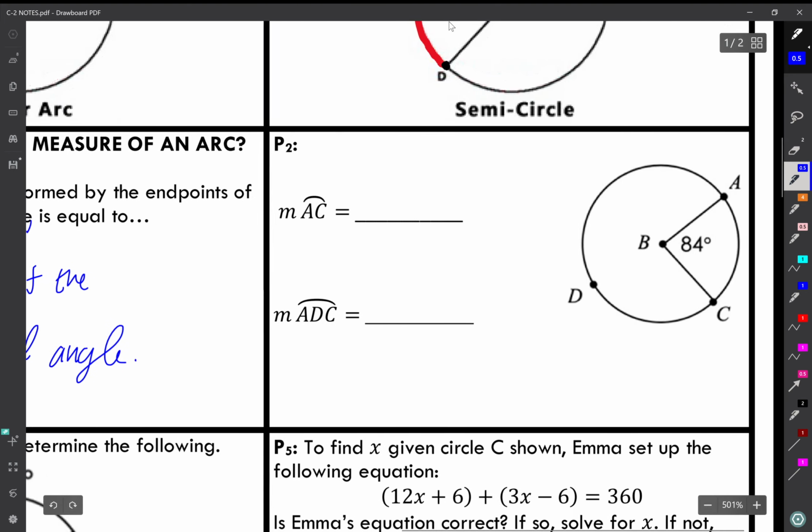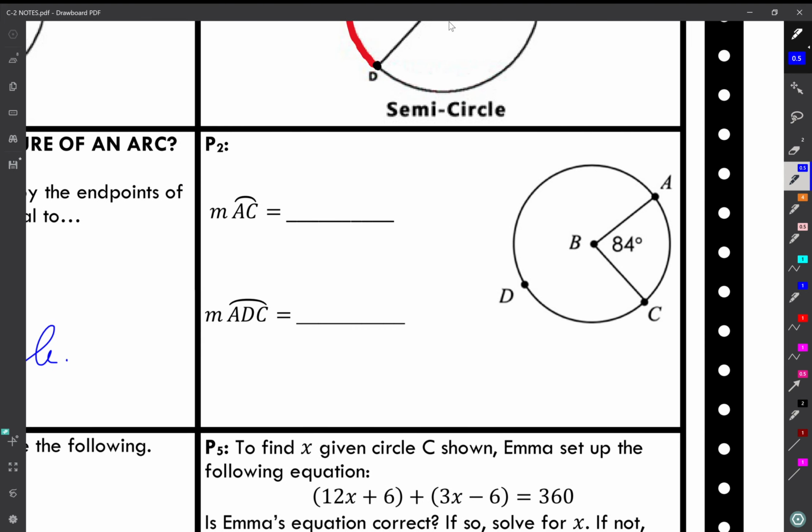Now, to look at this, if I know the measure of the central angle right here, ABC, this basically says that the measure of angle ABC equals 84 degrees. So its arc is AC, which is what we're trying to find the measure of here, so that's also equal to 84 degrees. To find the measure of the other arc, we see these two arcs together form the whole entire circle.